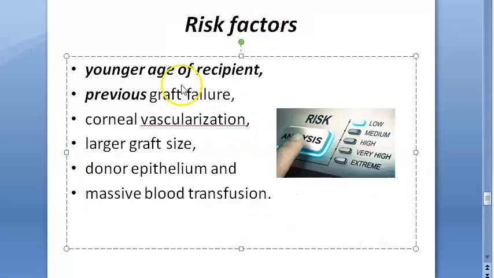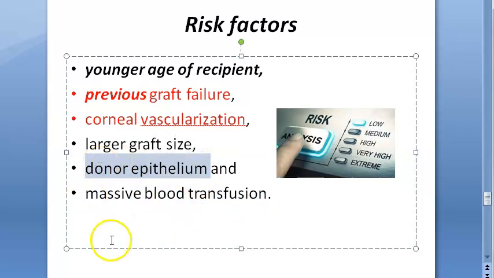Okay. Look at the risk factors. A younger patient has more risk. Previous graft failure, obviously if they've had previous graft failure, the body is not ready to accept it. Corneal vascularization, basically if there is any vascularization, then obviously it will reject more. A larger graft size. So if you're increasing the size of the graft, donor epithelium and massive blood transfusion.